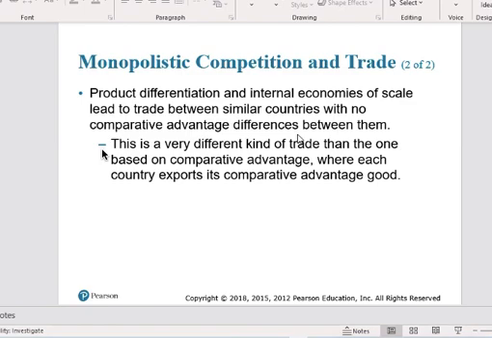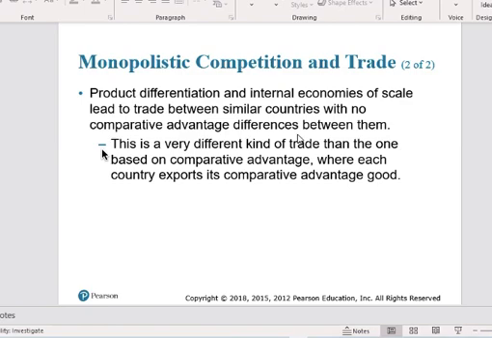But in this economies of scale model, we do not need any of this resource advantage or technology advantage.